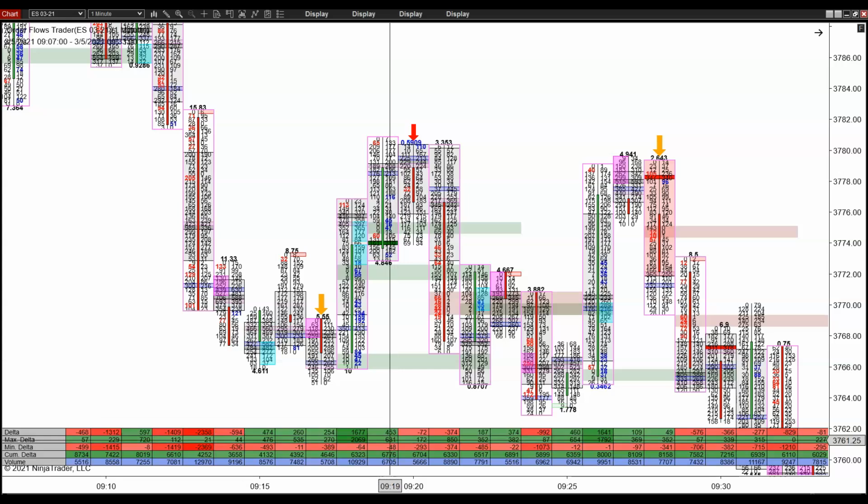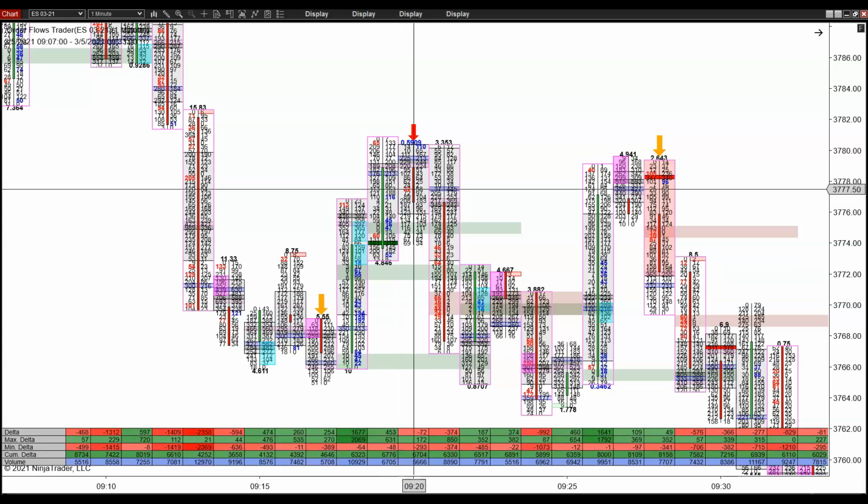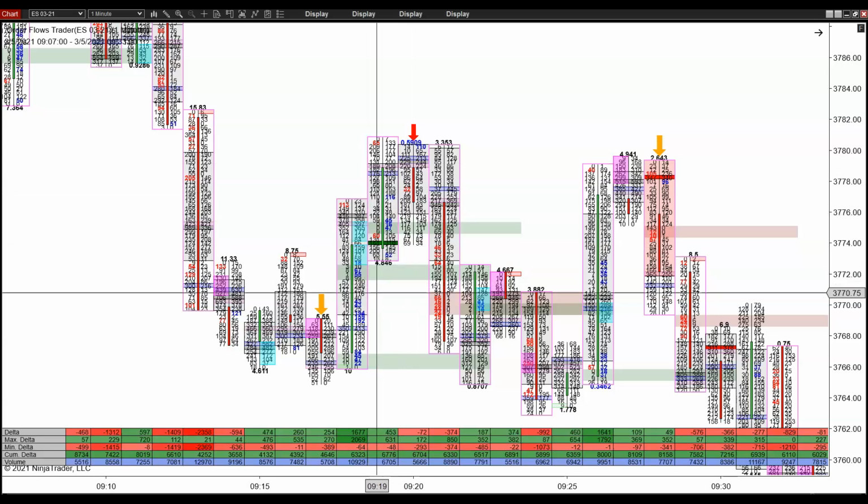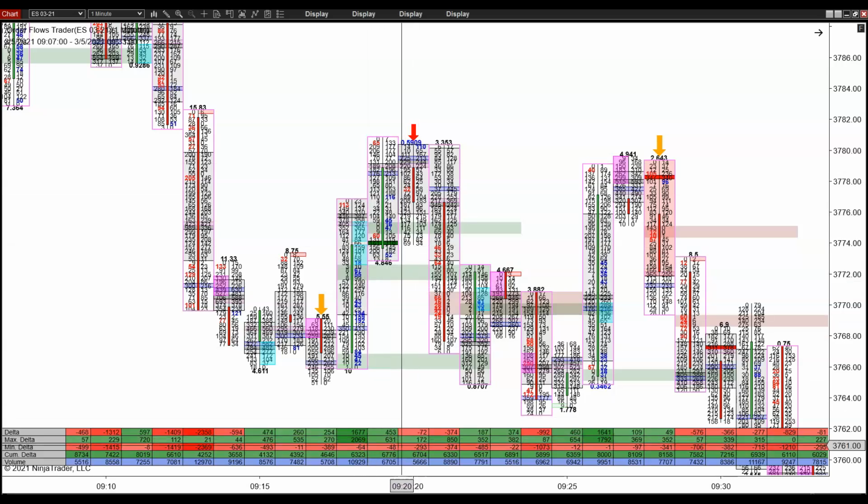You can see this bar says 631. That's how strong delta was in the bar. Down here, min delta is minus 48. That just tells you there's very little aggressive selling at one point in the bar. There's aggressive selling in the bar, of course, but delta turned negative here, just 48, so it was there for a very short time.